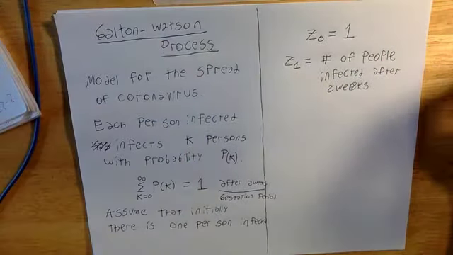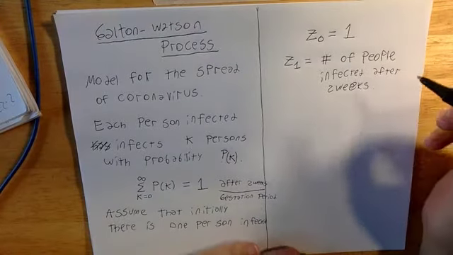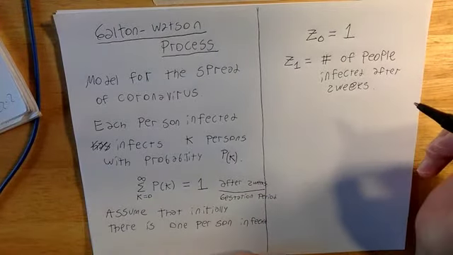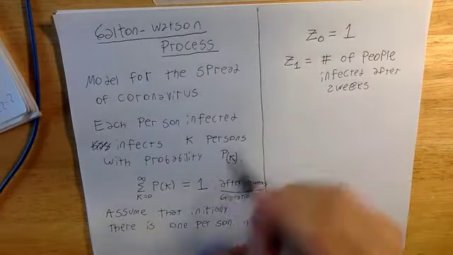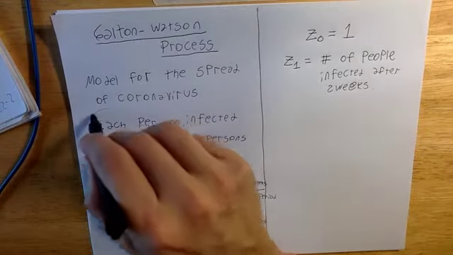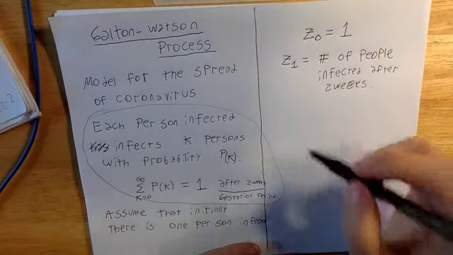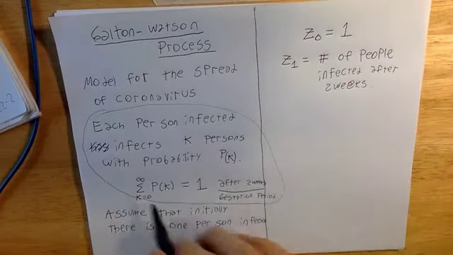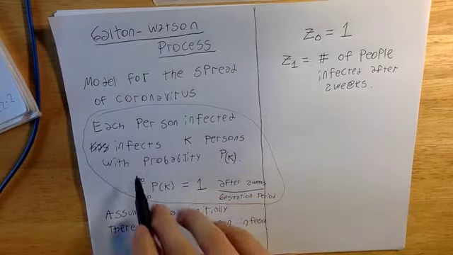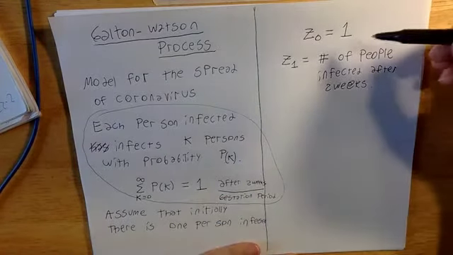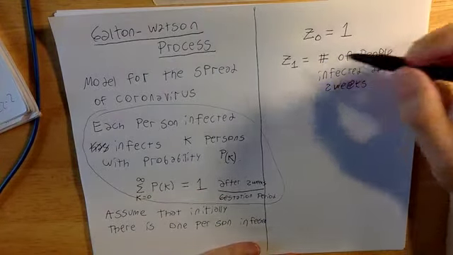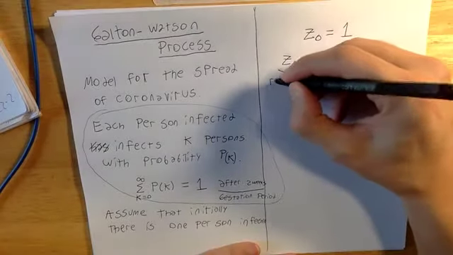Now we need to go back to our assumption: each person infected infects k persons with probability pk. So this zeta 1 will be a random variable.